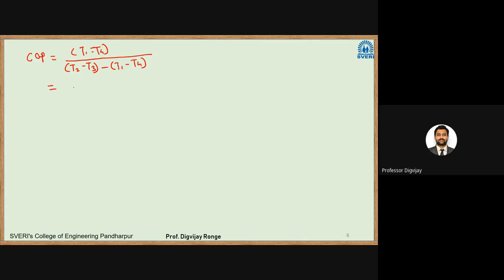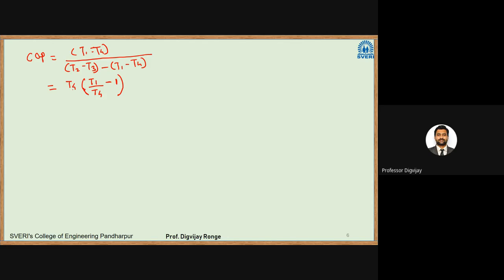Let's see carefully. I will take T4 common from this bracket, so what I will get is T1 by T4, minus 1.